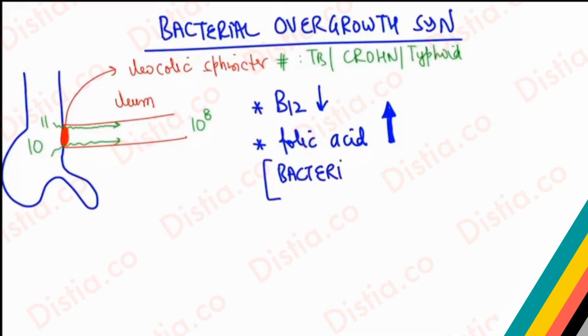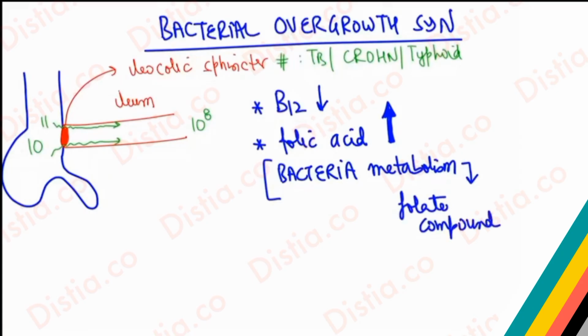The point is that the bacterial count is increased in the proximal part of the gut, that is the small bowel. So bacterial metabolism, that is the description given in the gastroenterology books. They say the bacterial metabolism produces folate compounds, and these folate compounds tend to increase the folic acid level.